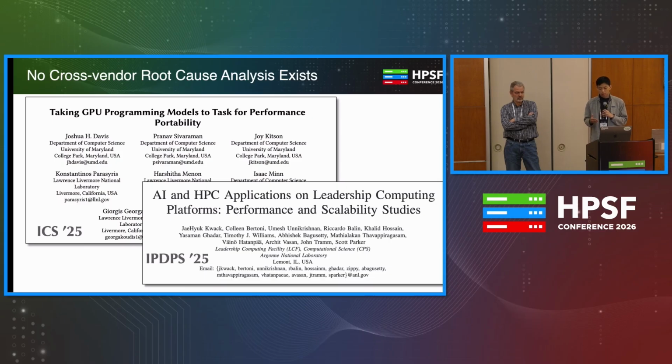Currently, we can just apply maybe the roofline model or some other things to get some information from the hardware, like maybe the GPU occupancy, but it doesn't help to deeply understand why there is a performance gap between the architectures.